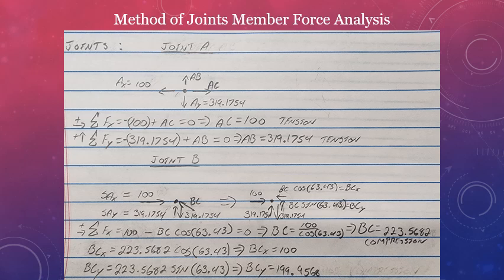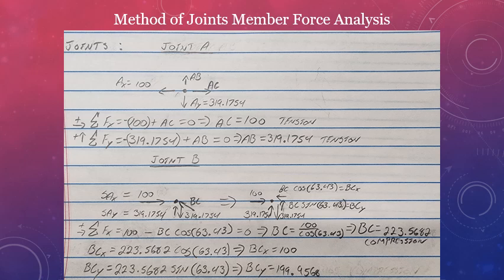Moving on to joint B, this one was a little bit trickier. I had to find the angle at point B in joint B, theta B, which is also explained in the previous slide.